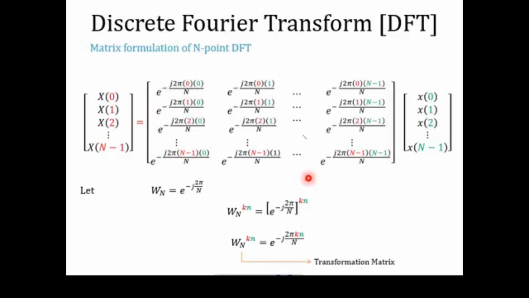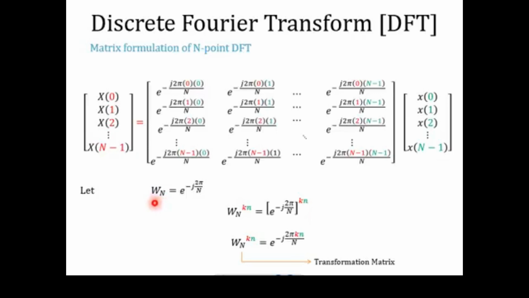So now what we are going to do here, instead of writing exponential minus j 2 pi over n every time, we are going to assign a simplified notation to this factor, which is simply w with n in its subscript, or it's simply called wn.